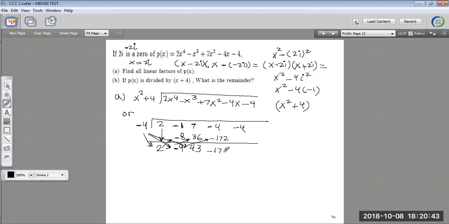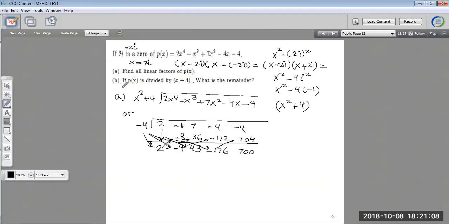And the last step, you multiply again, minus 4 by minus 176. You get 704, and then here you get 700. The remainder would be 700. This would be for part B, really.